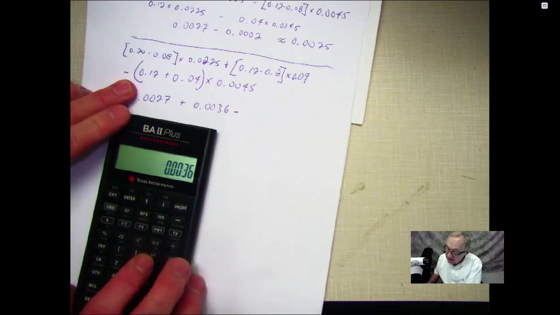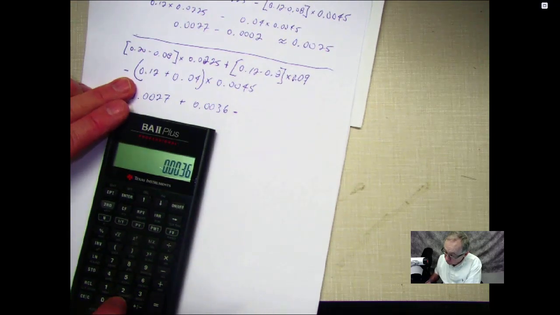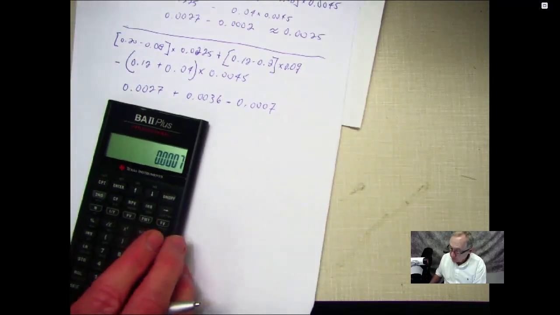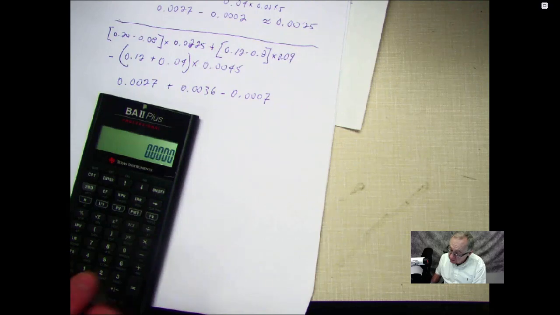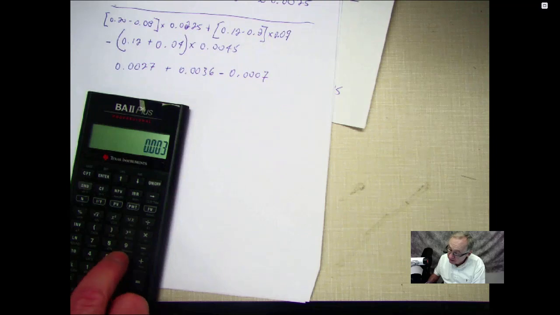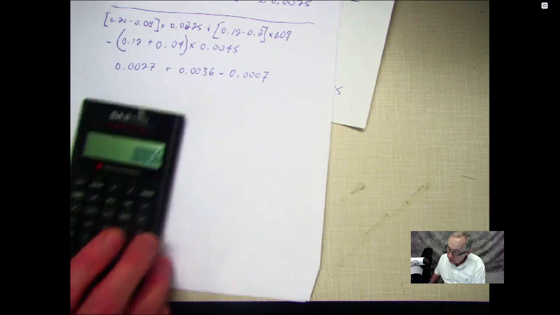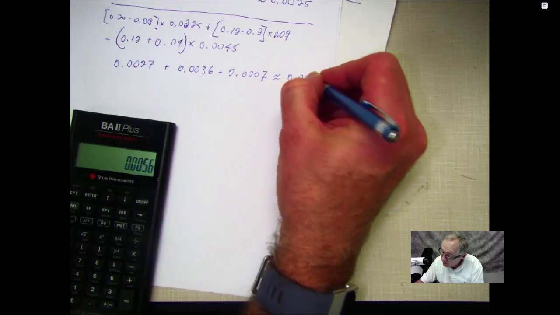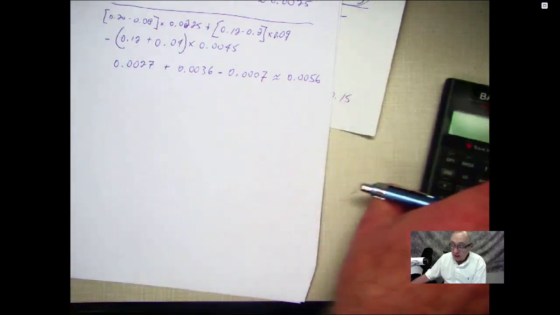Now minus 0.16 times 0.0045, 0.0007. Oh, wow. Okay, so putting that together, 0.0027 plus 0.0036 minus 0.0007 is, to 4 decimal points, 0.0056.